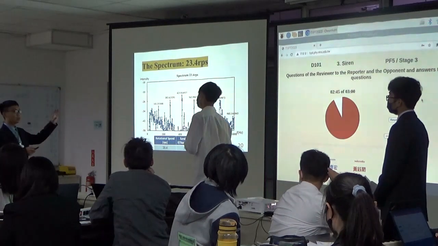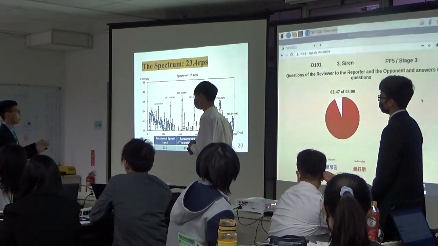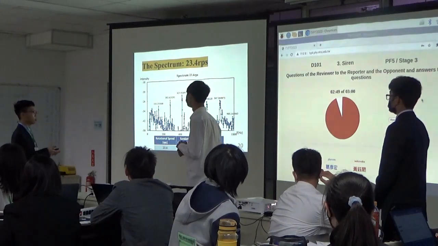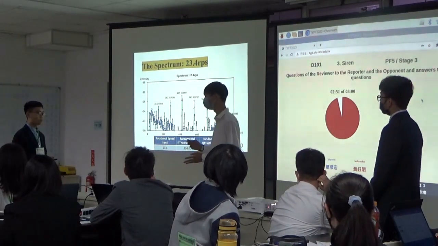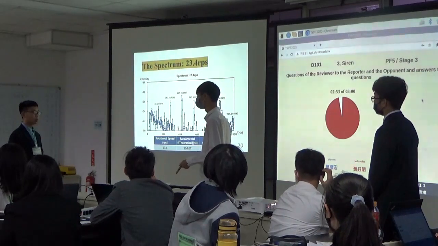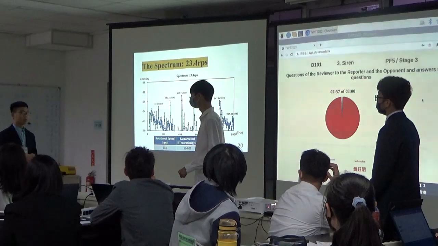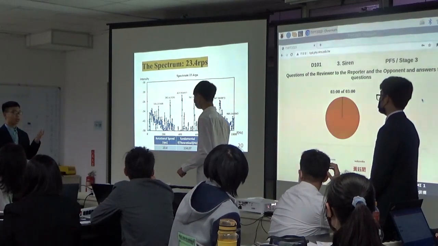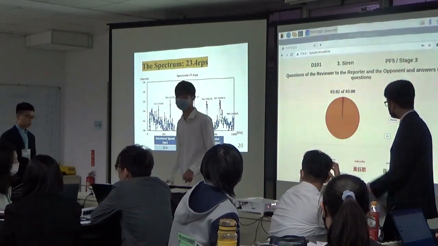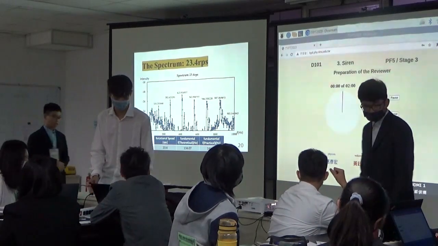So we put the data into Excel and draw this graph. So do you do the Fourier transform? Yeah, just by pressing one button. Okay, time is up. So reviewer, you have 2 minutes to prepare your talk.